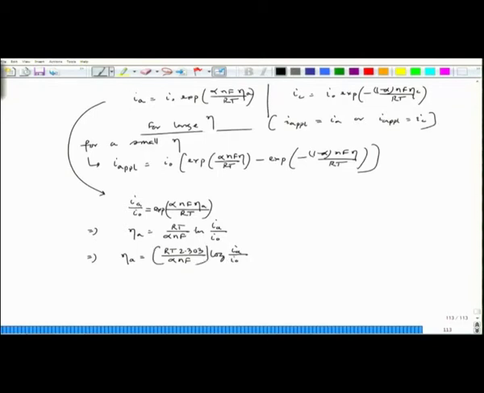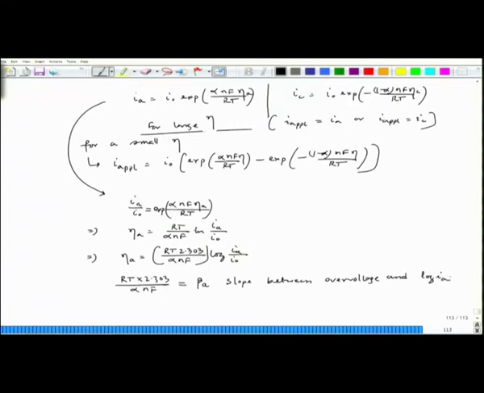Now, this particular factor, which is RT into 2.303 by alpha NF, is called beta A, or the slope between overvoltage and, or rather sorry, this should be log IA.